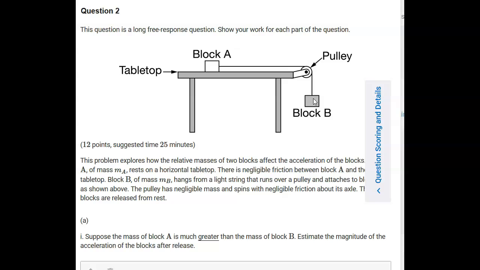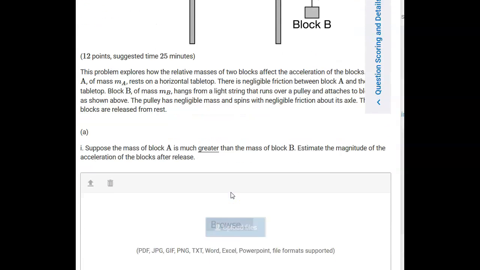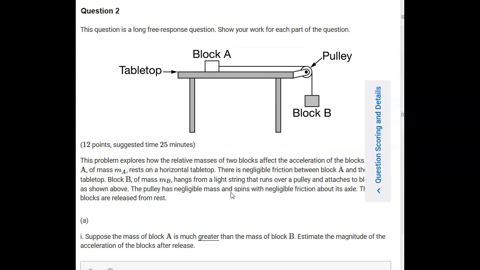Which means, if A is 1,000,000 kilograms and B is 1 gram, and that's the kind of comparison you can do for these much greater scenarios, essentially the acceleration would be 0, because acceleration is force divided by mass, but if the mass is so humongous in relation to that force, it's approaching 0 at the very least.